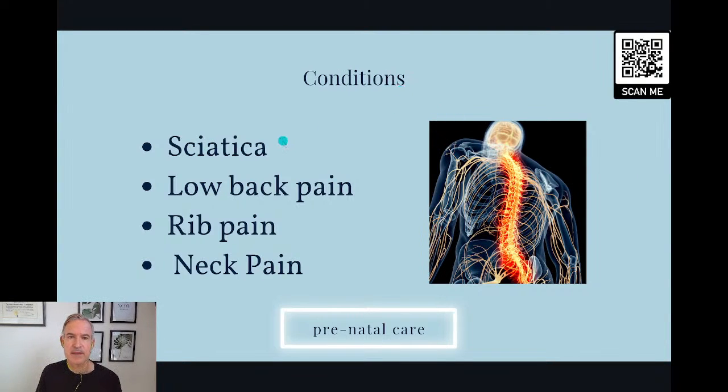Well, the conditions that we see are sciatica. Sciatica is a result of the baby growing, the pelvis changing, and then pressure on the nerves in the lower part of the spine, in the lumbar region and the sacrum. The sciatic nerve is composed of 5 nerve roots: the fourth lumbar, the fifth lumbar, and the top 3 sacral nerve roots, S1, 2, and 3.